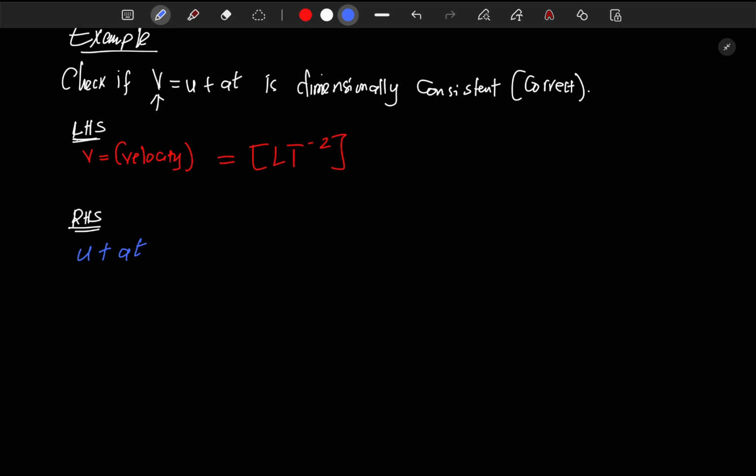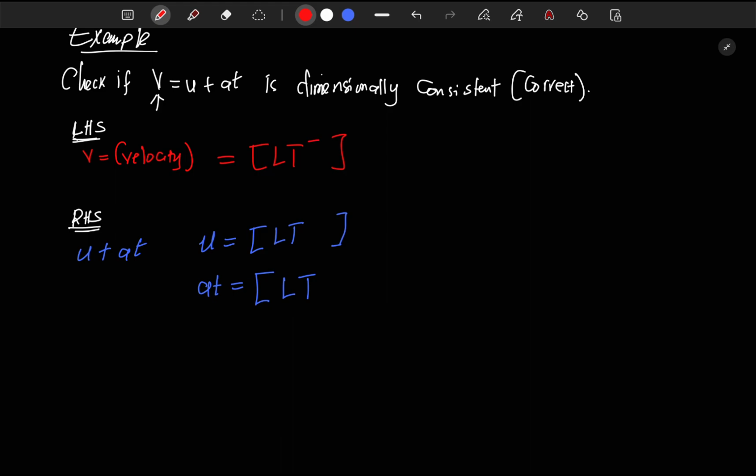So let's branch this into two. u is still velocity, so it's LT^-1. And then we have at, where acceleration is LT^-2.